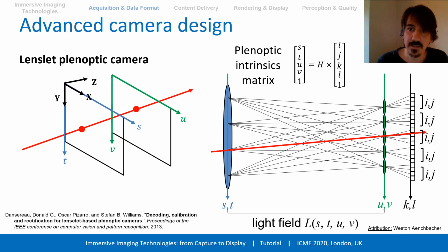In this case, i and j are relative pixel indices under each microlens, indicated here on the right, and k and l are indexing the microlens directly.